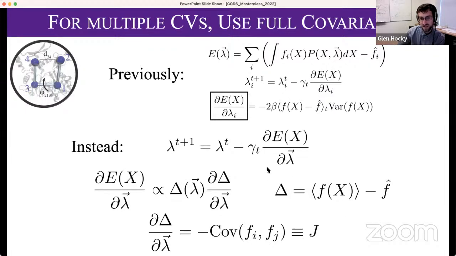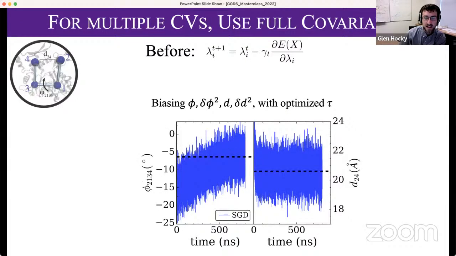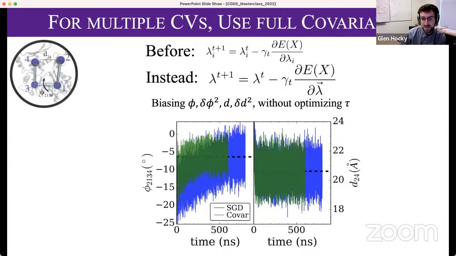And so there's an option in EDS called covariance, which will do all your variables at the same time using this regular gradient descent, not stochastic gradient descent. And so when I turn that on for the system, you see that it makes the convergence time for this system 5 times faster. So that was nice.